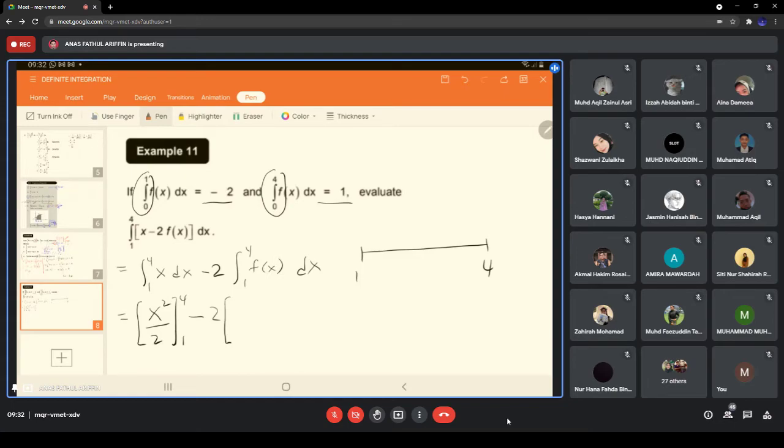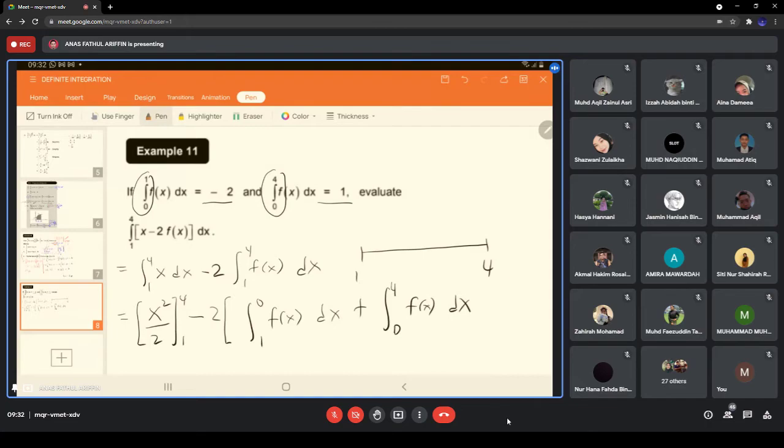Kita boleh buat daripada 1 ke 0, function fx dx, and then plus from 0 to 4 fx dx.